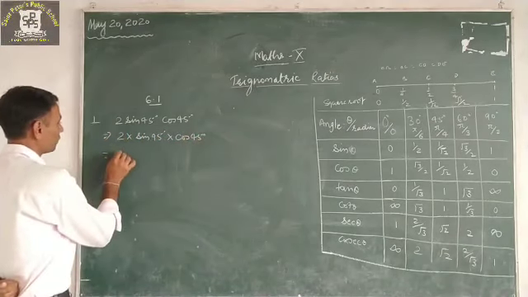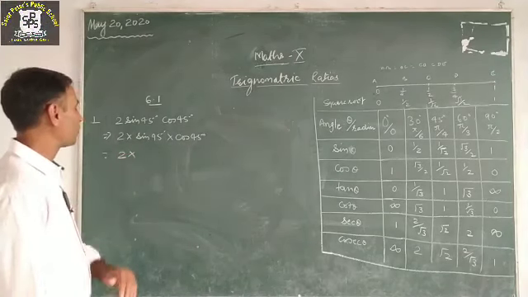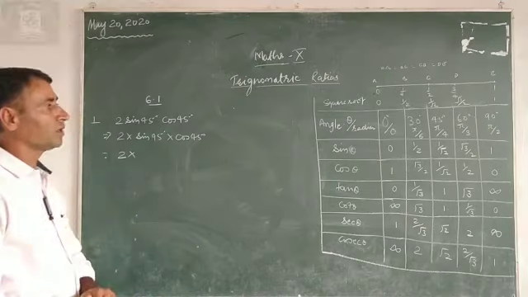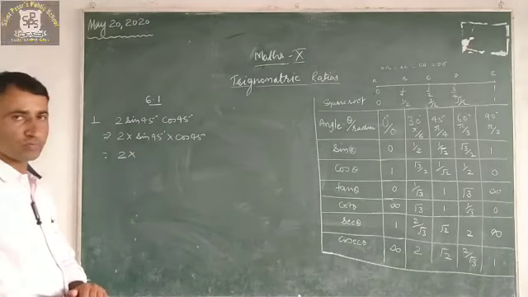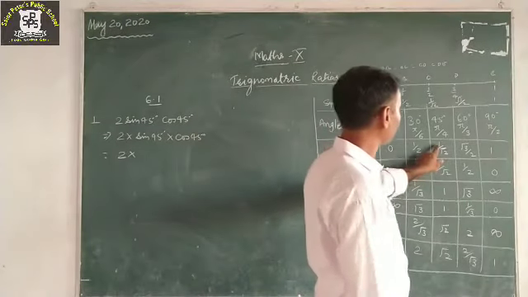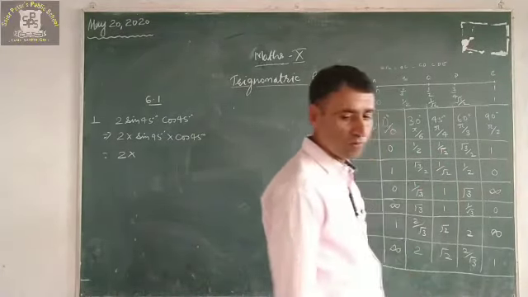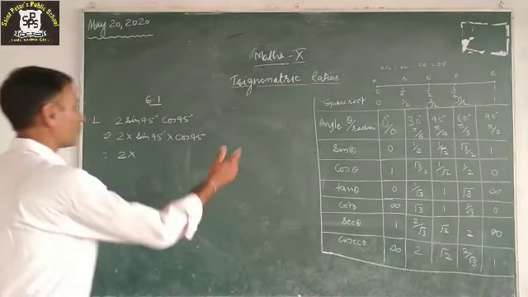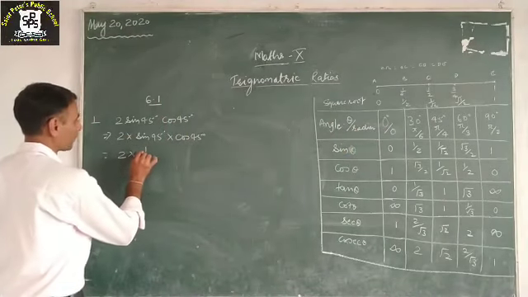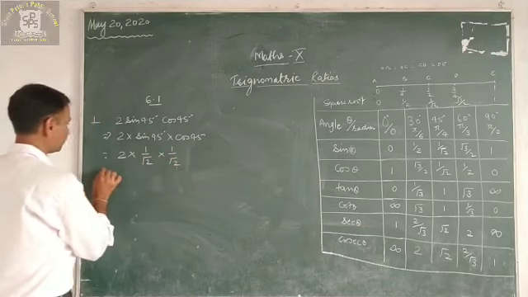Now 2 is constant and the value of sine 45 degree is 1 upon root 2. The value of cos 45 degree is also 1 upon root 2. So we can put these values here: 1 upon root 2 multiplied by 1 upon root 2.